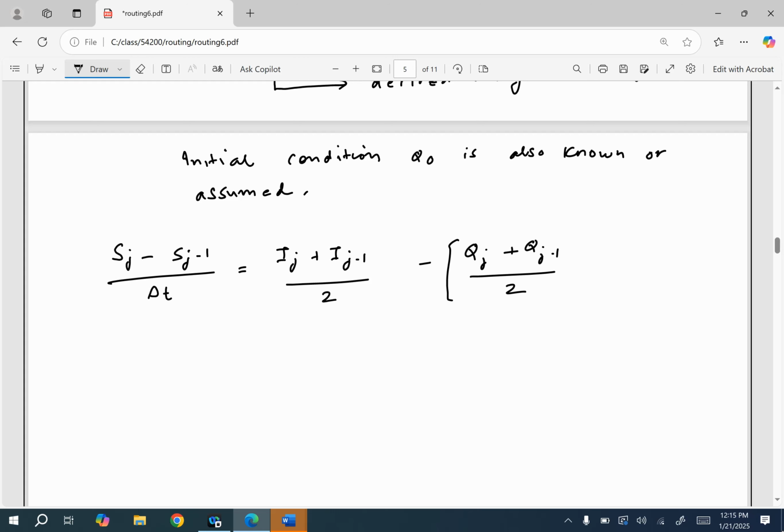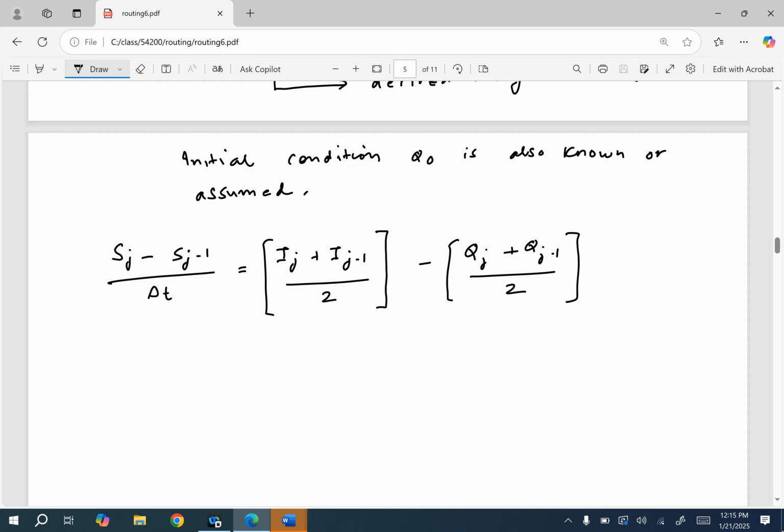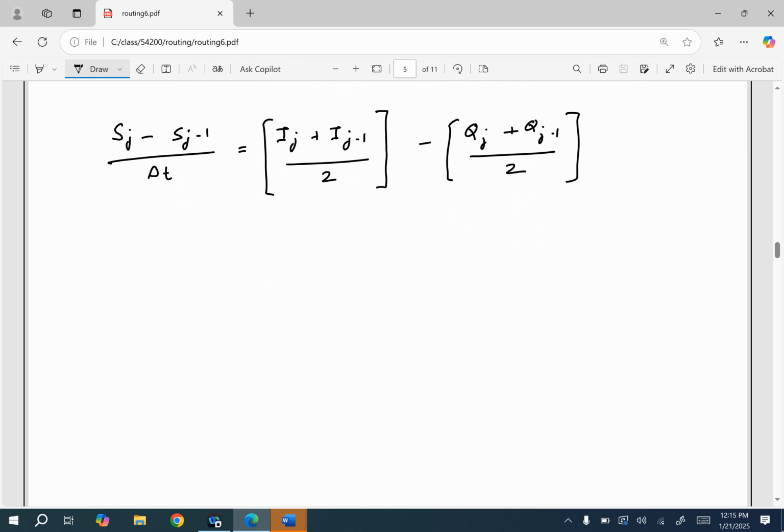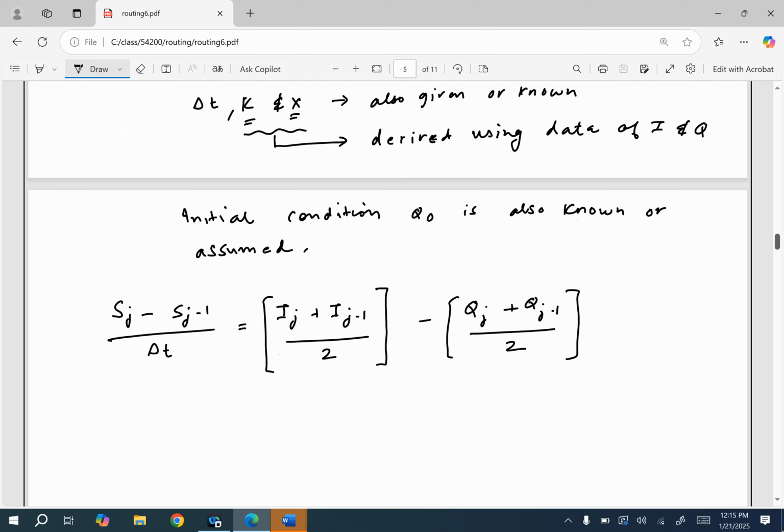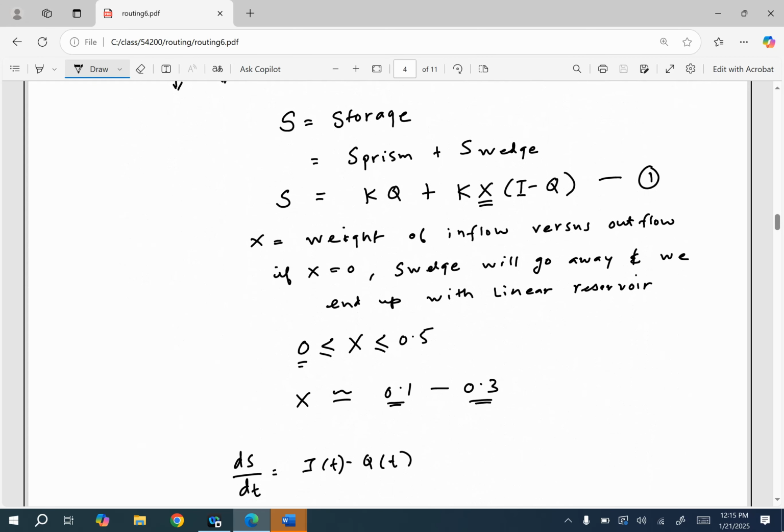Okay, so this is what we have, and similar to what we did for linear reservoir, now we will replace Sj with the storage expression that we have for prism and wedge storage.